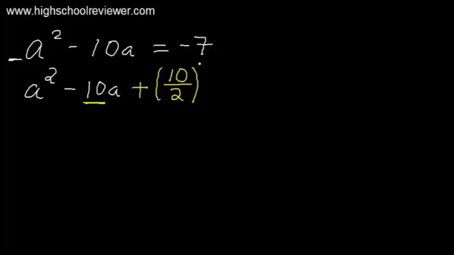This term will be raised to the power of 2. And then take note, whatever is added on the left side must also be added on the right side. So we also have here plus 10 over 2 raised to the power of 2.